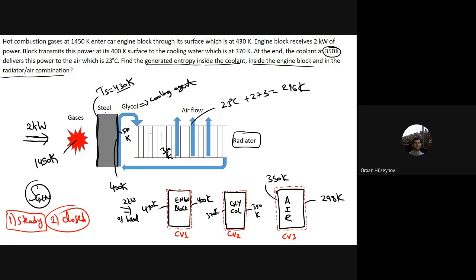For the engine block, firstly, if I write the second law here, the second law says that the change of entropy of the system will be equal to the total in minus the total out plus the generation part.